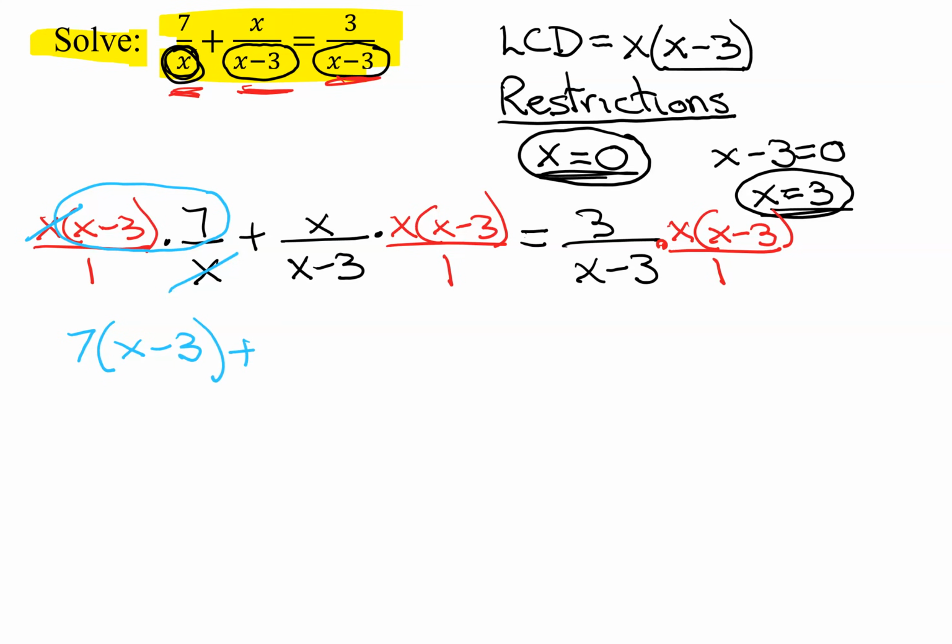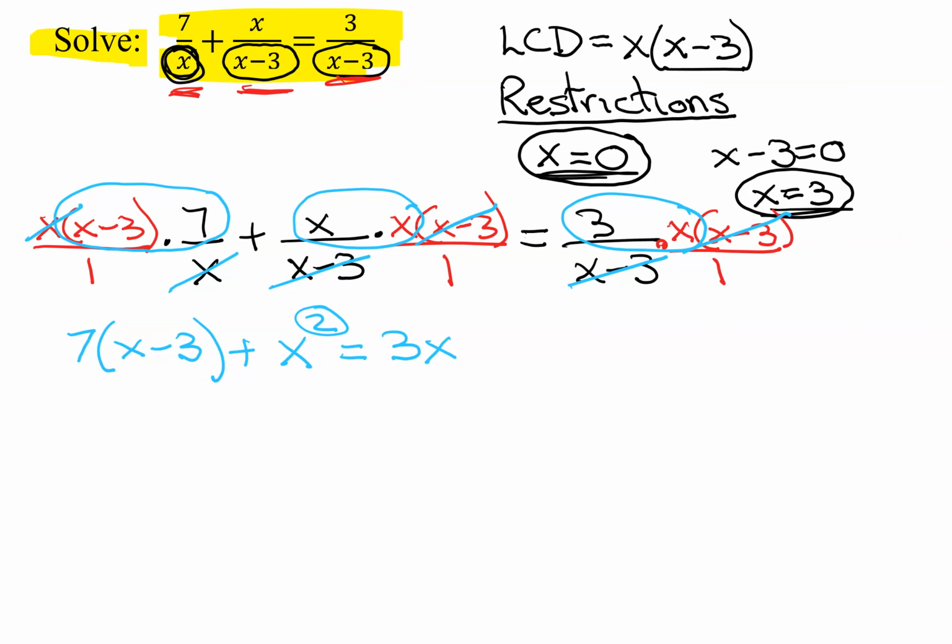Plus the second term, the x minus 3's reduce, and what do I get left with? x times x, which is x squared, equals, last term, x minus 3 reduces, and I get left with 3x. So now I've taken my rational equation and I have a quadratic equation because I have degree 2.